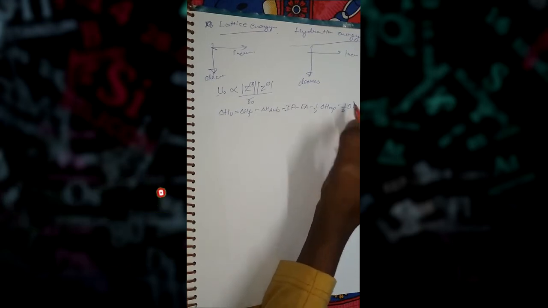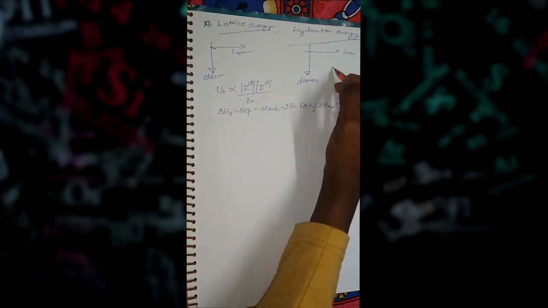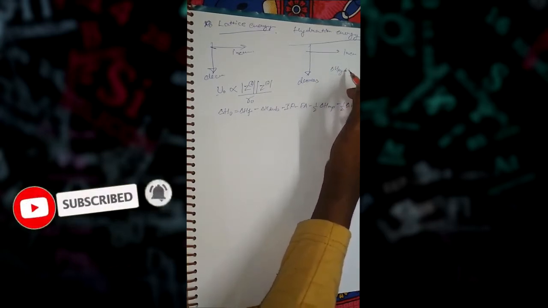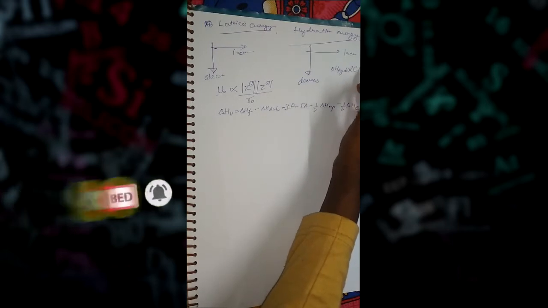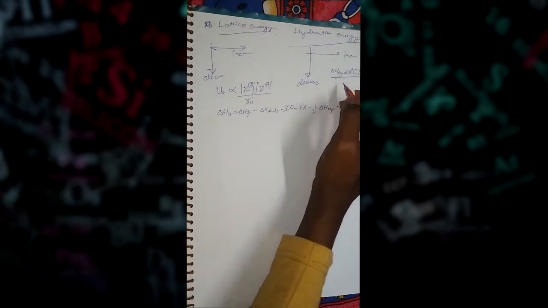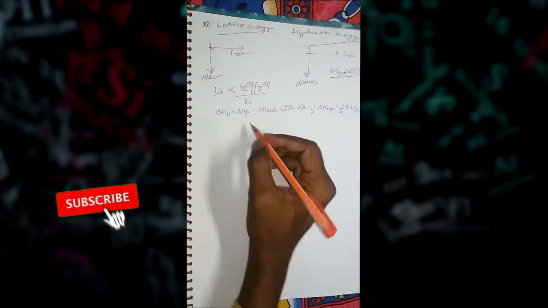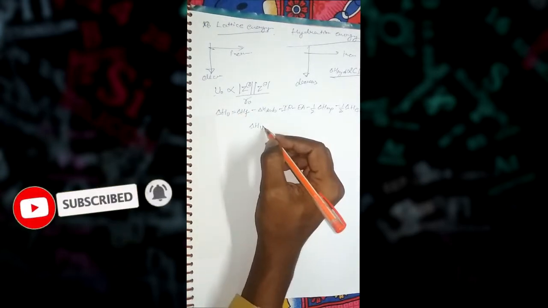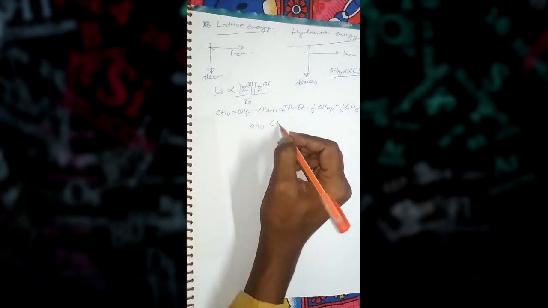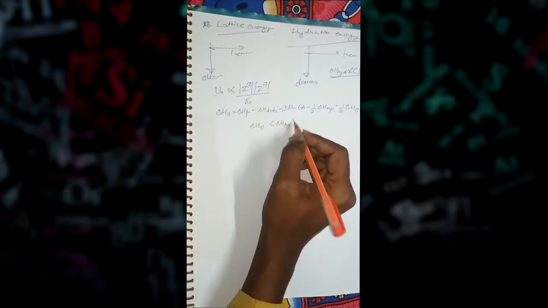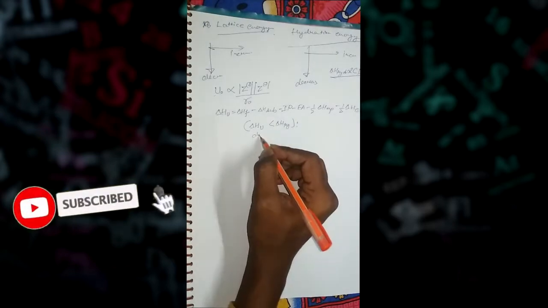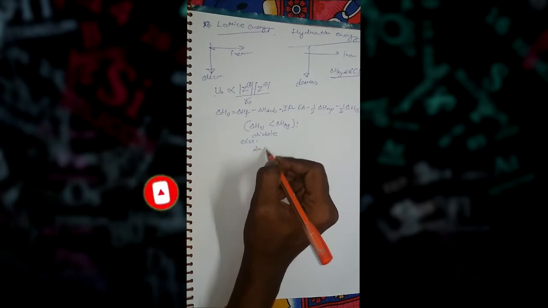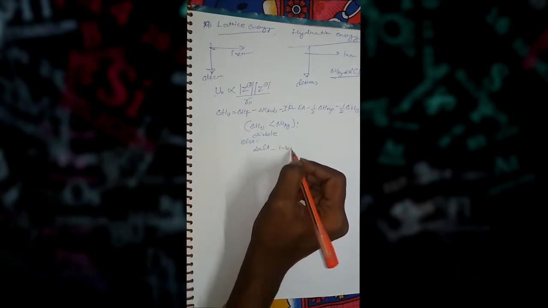Okay, now for hydration energy, the enthalpy of hydration is directly proportional to charge density. And the last thing, if lattice energy is less than hydration energy, the salt will dissolve, else the salt is insoluble.